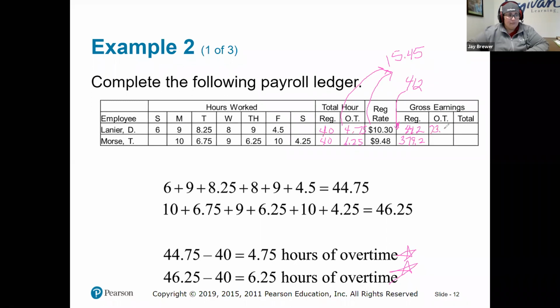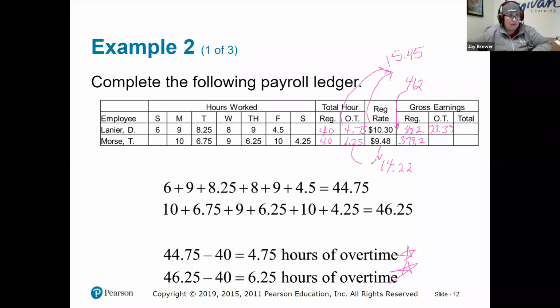And you definitely have to write this down because my writing is atrocious right now, and I don't know why, and it's very sad. So if you don't write it down, you probably will not realize what it's actually saying. Okay, so now we're going to do the same thing for the bottom. We'll take 9.48 times our 1.5, and we're going to get an overtime rate on the bottom of 14.22.